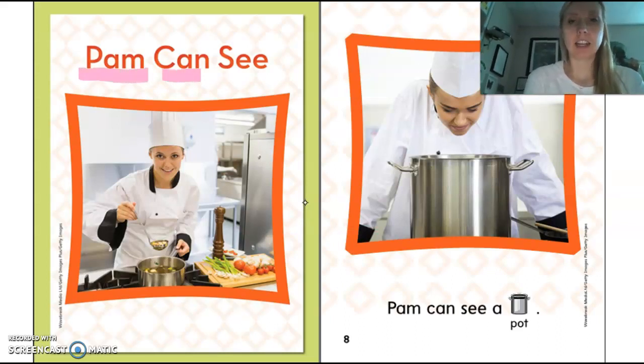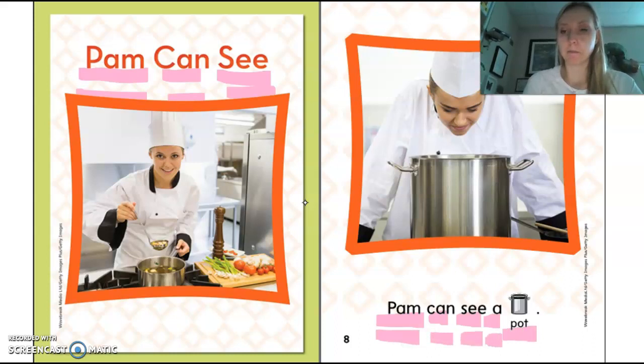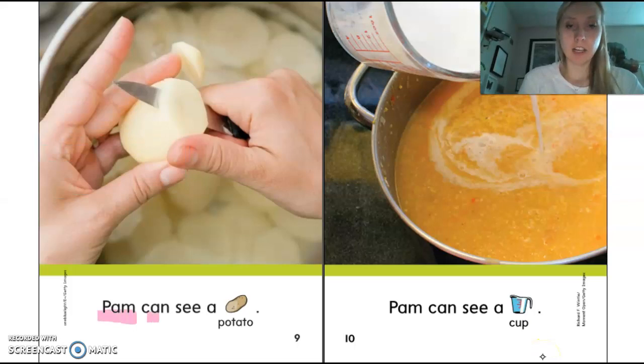Pam can see. Your turn. Okay, here we go. Pam can see a pot. Your turn. Pam can see a potato. Your turn.